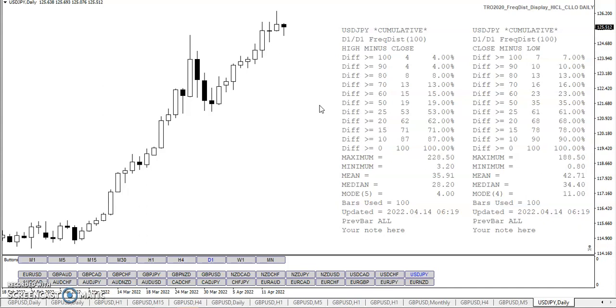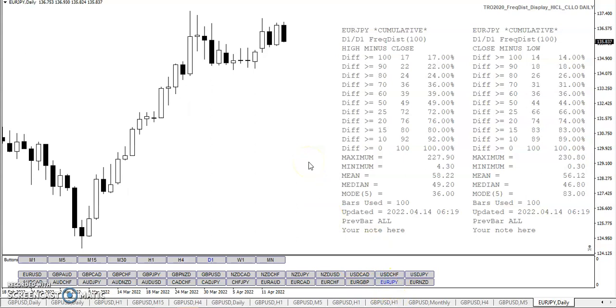But the main point is that you want to master one method, and in this case, it's the rat zone. And then what you want to do from there is find the pair or pairs that work best. Let's take a look at another one of my old trading buddies, the euro yen.